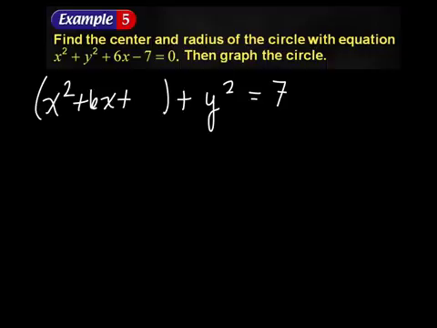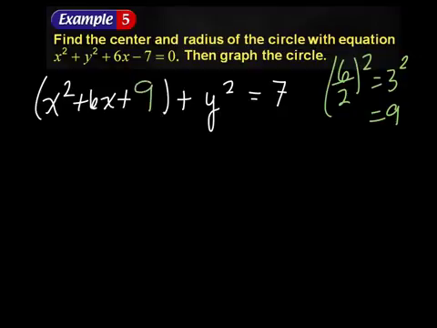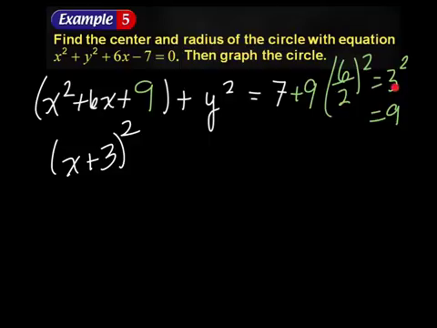To complete our square, we take the coefficient of x divided by 2 and square it. So 3 squared is 9. So if I add 9 to one side, I need to add 9 to the other side to keep it balanced. So our completed square is going to be (x + 3)^2, and remember where the 3 comes from, right here, plus y^2 equals 16.